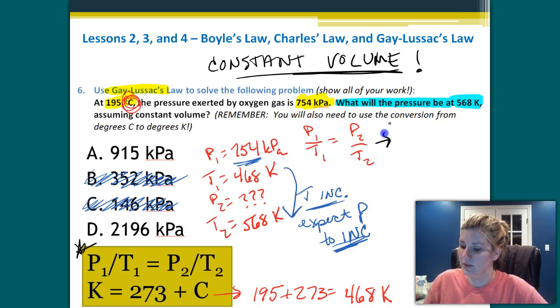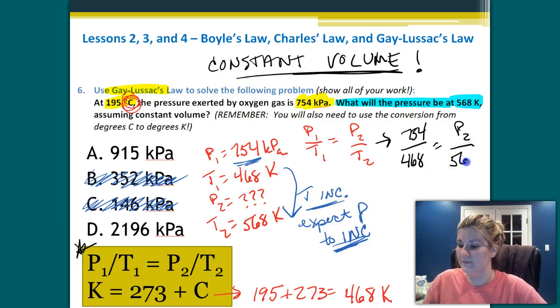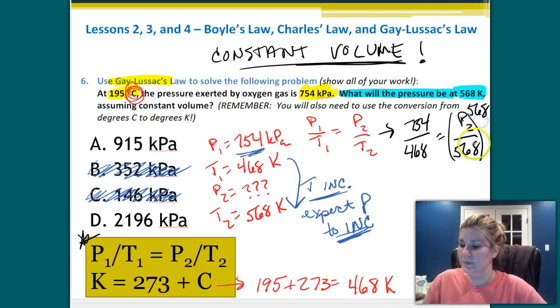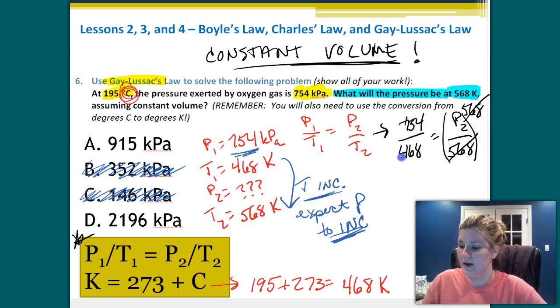We have to do the math to determine between those two. So let's plug and chug here. First pressure is 754 divided by 468 equals P2 divided by 568. And you can either multiply by this 568 now or later. Just to change it up a little bit, I'm going to multiply it now. Just to be clear about how this math is done, you can do order of operations and do that division first and then multiply, or you can just tack it onto the numerator.